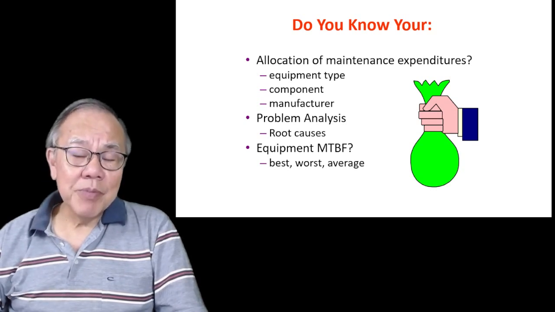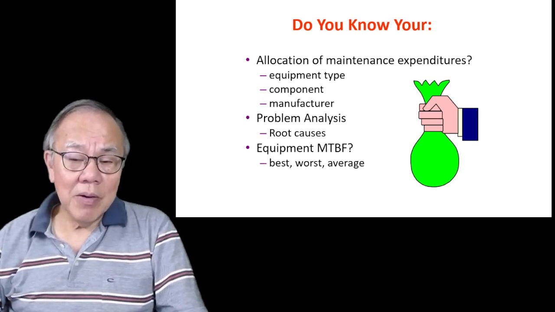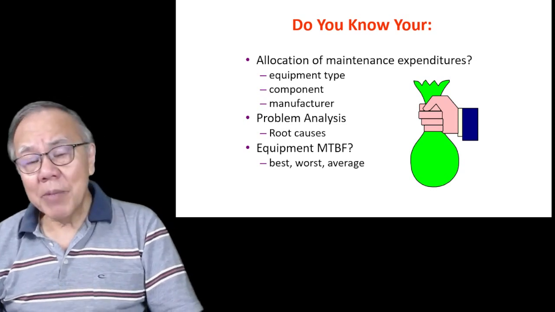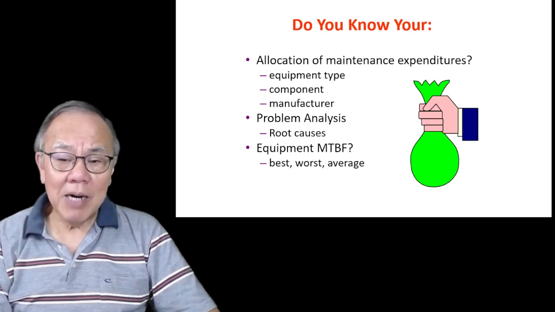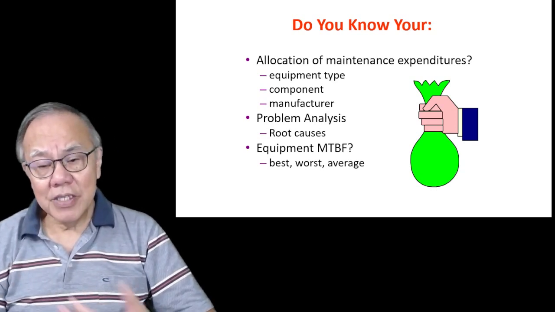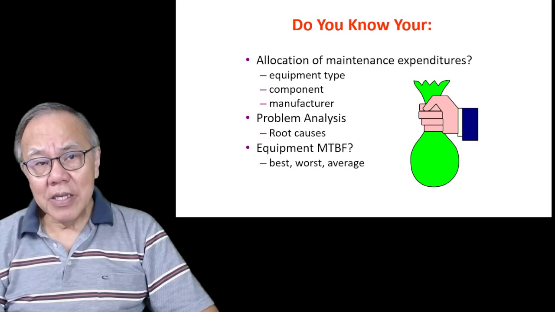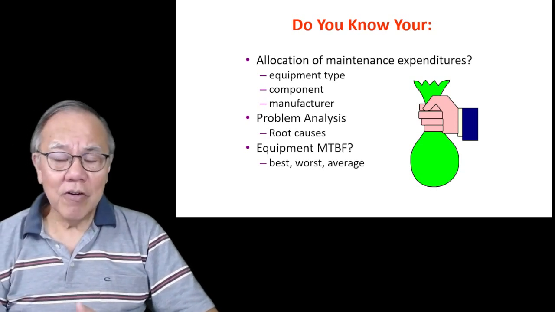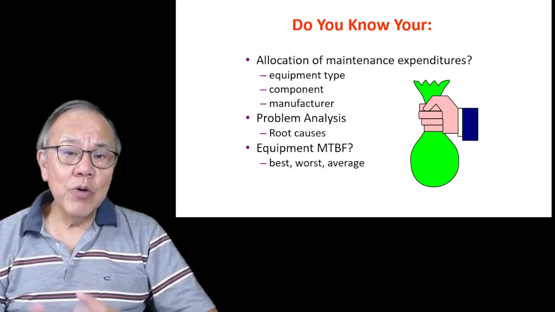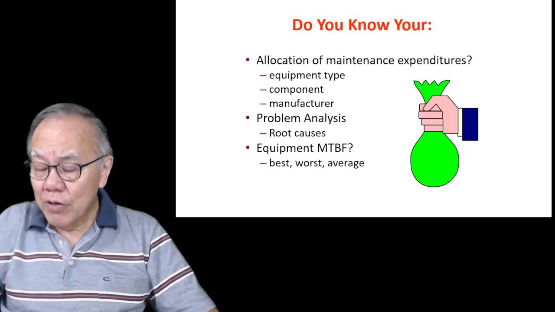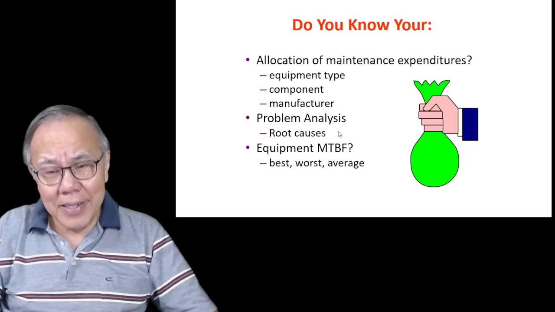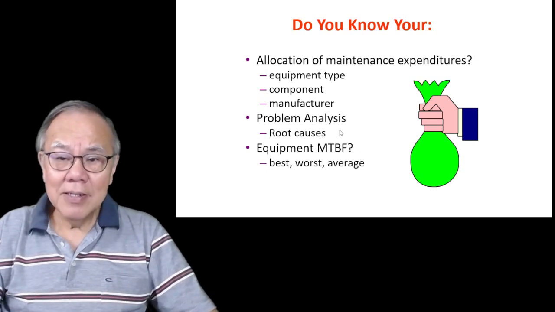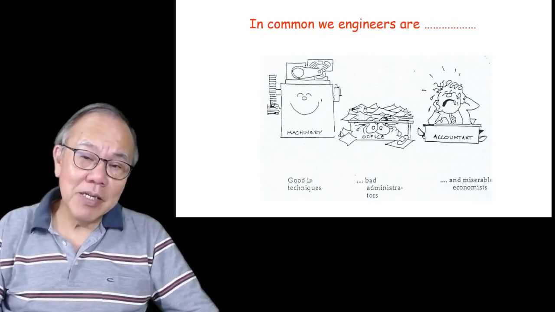How much you should be spending on this equipment, how much you are supposed to spend on this component? What are some of the problems that need to be resolved? Are you picking them up or not? Of course, some of the equipment metrics for improvement. So all this needs to be there for you to make your maintenance department profitable, so that instead of spending more money, you spend less.